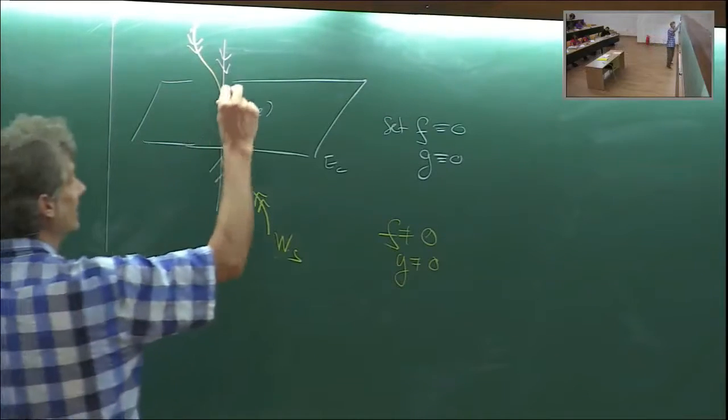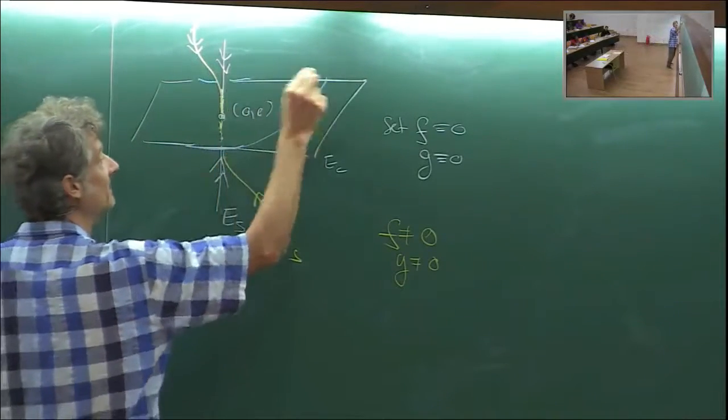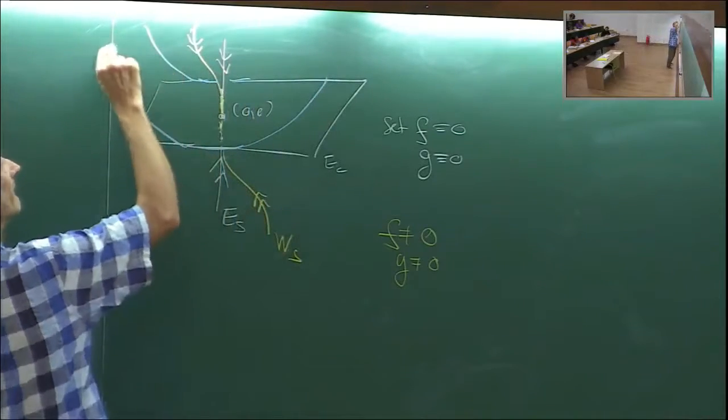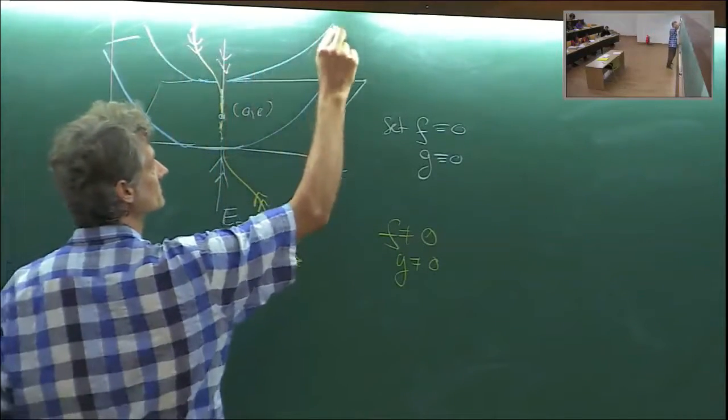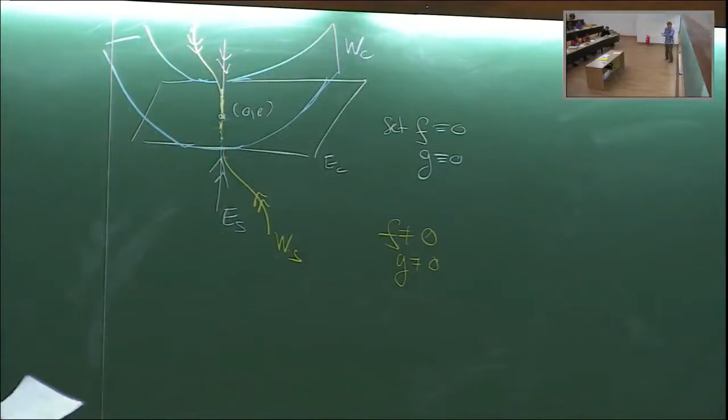Locally it will be flat, but then it can bend away. Let's call this WC. It's like a sheet now. It was flat, we just bend it up. It can have some structure in that direction.